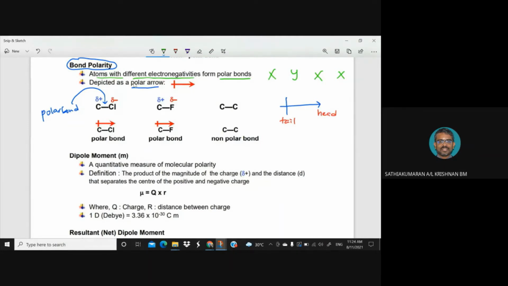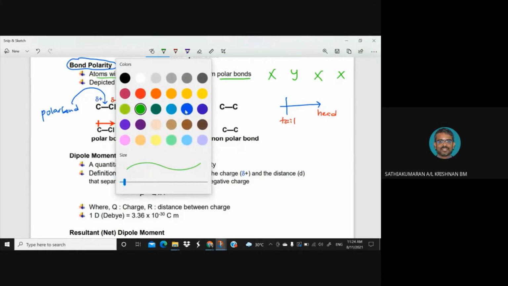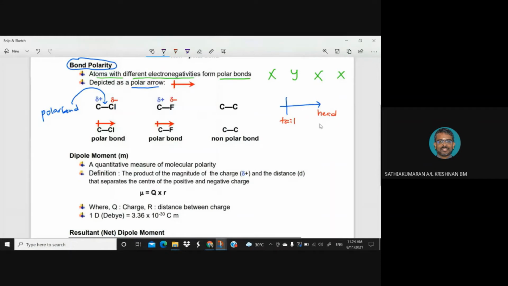That's why we label it dipole positive. Now I can draw the polar arrow here. The head should face the more electronegative atom, or delta negative.